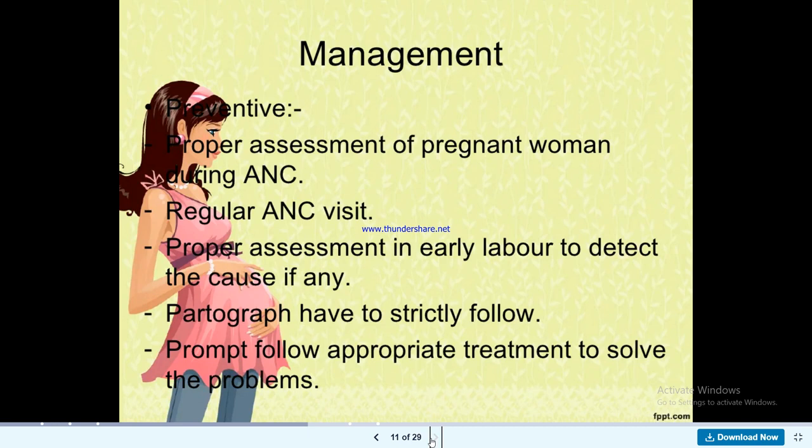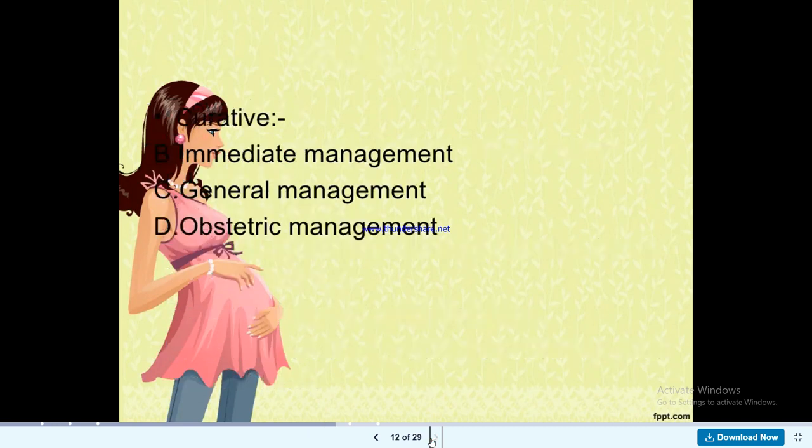In the labor room, we draw it with the time, the changes in the cervix, contractions of the uterus. We record the vital signs and the liquor color, and we note all in that graph. It shows whether the labor is going smoothly or it is lagging behind. Then we have to take action if the alert line is crossed. Promptly follow appropriate treatment to solve the problems.